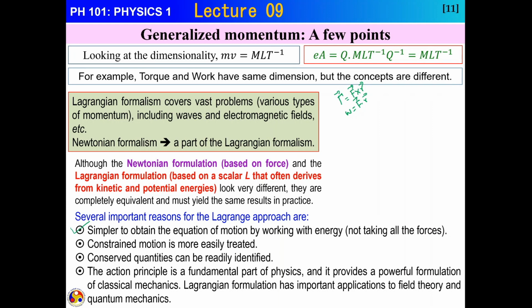So the constraint forces involving constrained motions all have to be dealt with very carefully if you take forces, but here it is very straightforward. And we are going to see in the next few slides that a conserved quantity can be easily identified by taking certain understanding that we are going to talk about very soon.